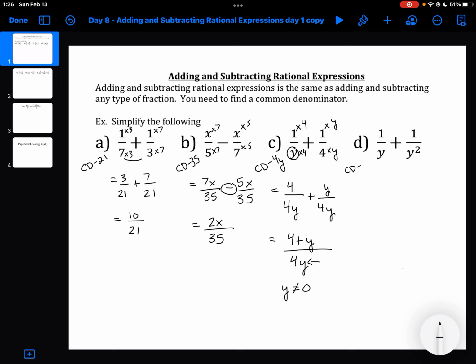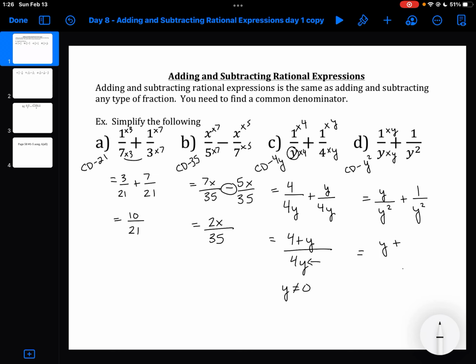But I can also notice that if I just multiply my first fraction by y, my denominator is going to end up being y squared, which is common to the denominator of my second fraction. So if I change the first fraction into y over y squared, I can add that to 1 over y squared because the denominator is common.